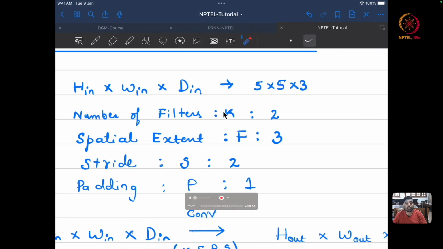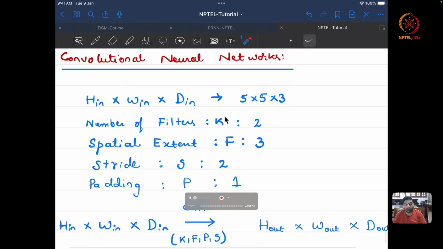One is the number of filters you need, the spatial extent, stride, and padding. Whenever stride and padding are not explicitly specified, we consider stride as 1 and padding as 0. That means there is no padding. Whenever the stride and padding information is not given, stride is considered as 1 and you don't have any padding.